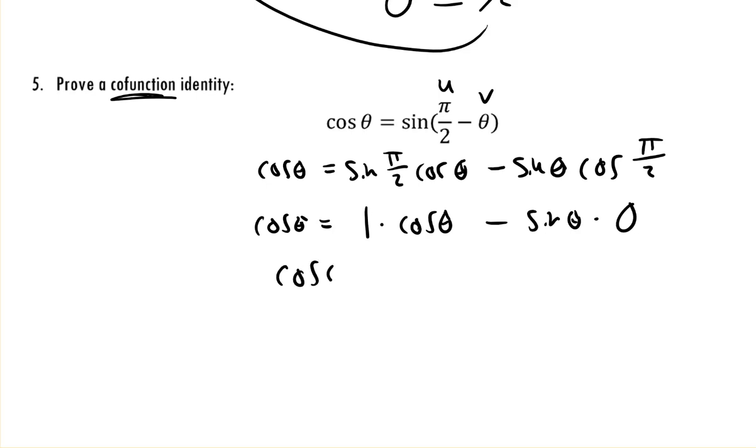So you end up with 1 times cosine theta, and 0 times anything is 0. And so just to show you that if you know those formulas and you plug them in, some trig proofs work out pretty easily. It all comes together pretty fast.